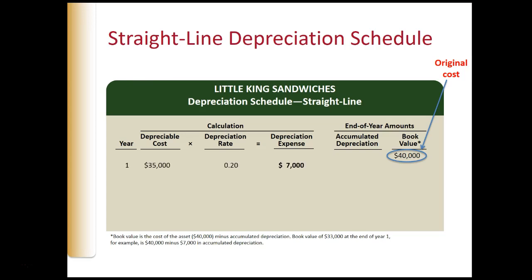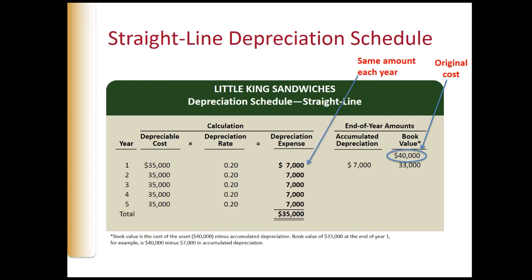This slide provides the depreciation schedule using the straight line method. If a company bought an asset during the fiscal year, then the company will record depreciation for only the portion of the first year that it owned the asset.